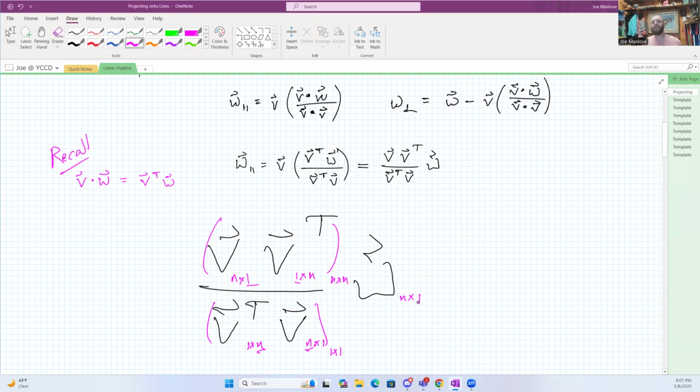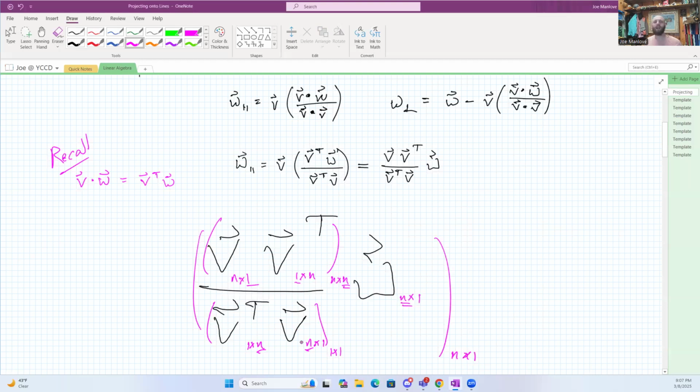Now I can feed an n by 1 vector into an n by n matrix, and out of that, I'm going to get an n by 1 vector, right? Those two n's are going to match, and so I can do this multiplication. This whole thing here is going to be an n by 1 matrix, in other words, a vector.